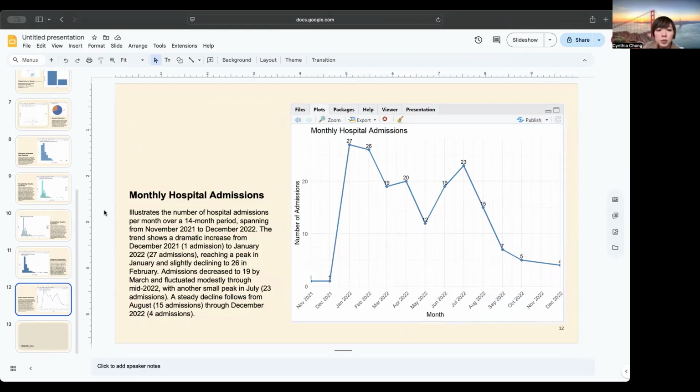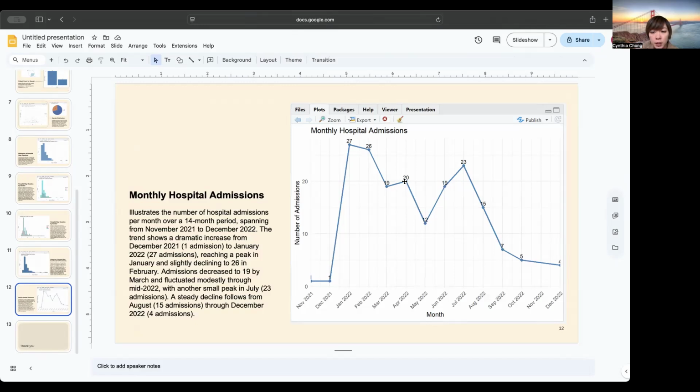So lastly, when we look at the monthly hospital admissions, the chart illustrates the number of hospital admissions per month over a 14-month period, spanning from November 2021 to December 2022. The trend shows a dramatic increase from December 2021 to January 2022, reaching a peak in January, and slightly decreasing to 26 in February, and again decreasing to 19 by March.